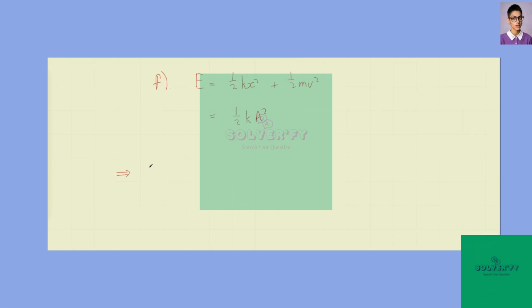So this implies that a half k times x, which is 0.4 of the amplitude, all squared, plus K, the kinetic energy which we wish to solve for, is equal to a half k A squared. Therefore, the kinetic energy K is equal to a half k A squared times 1 minus 0.4 squared.